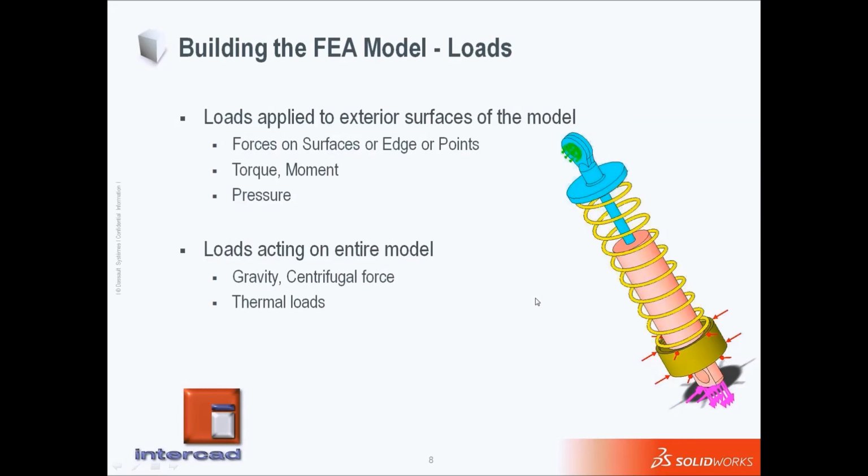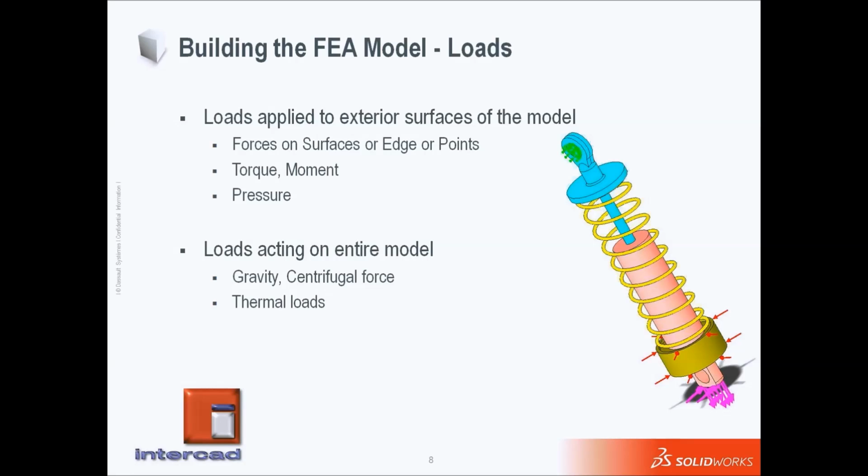Next is how we bring the actual boundary conditions to our mathematical model. This can be done by applying a series of loads. For instance, if we have an assembly like that and we have a bearing, the loads on a bearing could be in terms of pressure, tensile load, or compression load, all of which could be applied to surfaces, edges, or points.